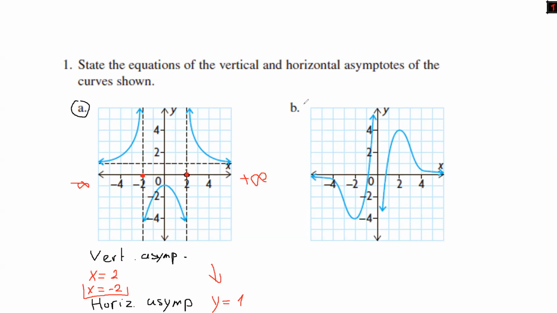Now, Alan, can we discuss graph B with you? Yeah. So let's start with vertical asymptotes. The vertical asymptote is x equals 0. And I don't think there's a horizontal asymptote on this one. Could be 4, I think.